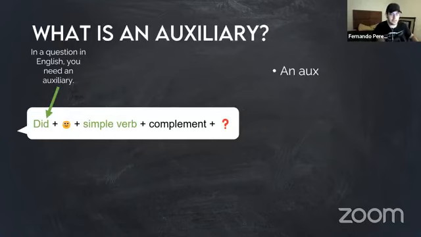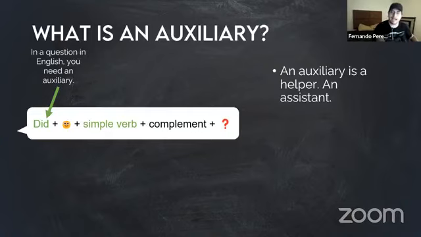An auxiliary is a helper, an assistant. How can I tell you? The only word is assistant or helper. The assistant has a boss, right?